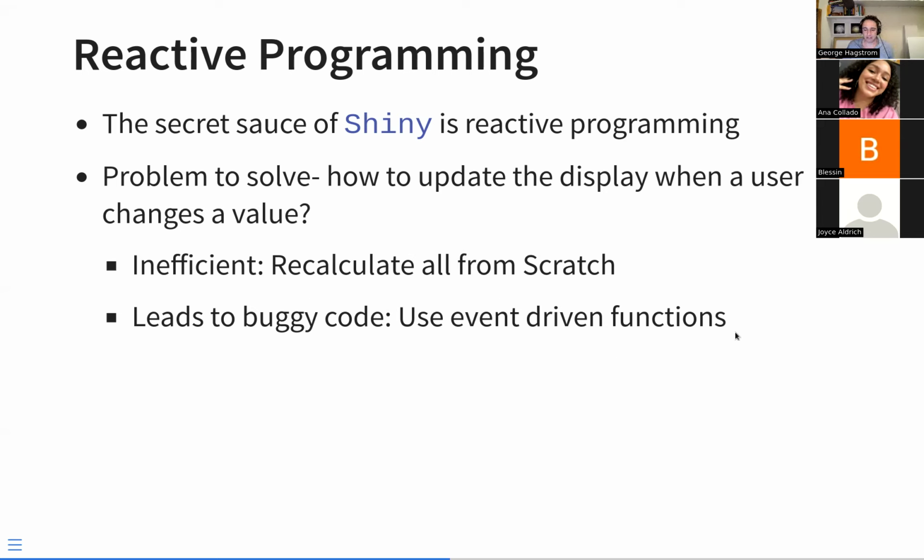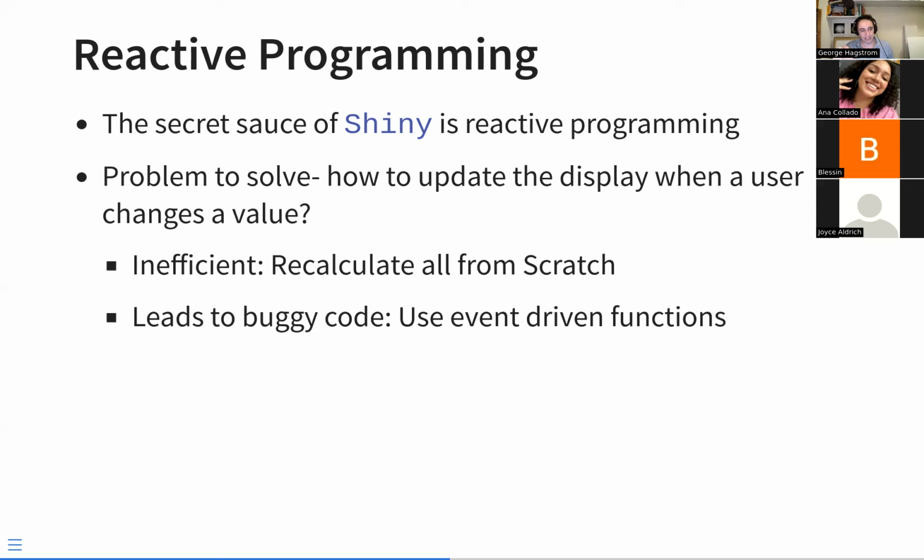Another way that you could try to do this is with a programming paradigm called event-driven programming. And this was common maybe about a decade ago. You'd have these functions that are waiting for an event to arrive, and then when an event arrives, you code up what to do. But you basically have to hand code that in.